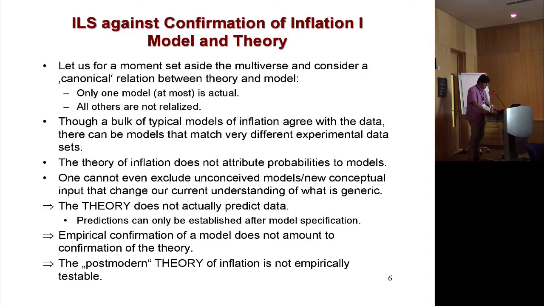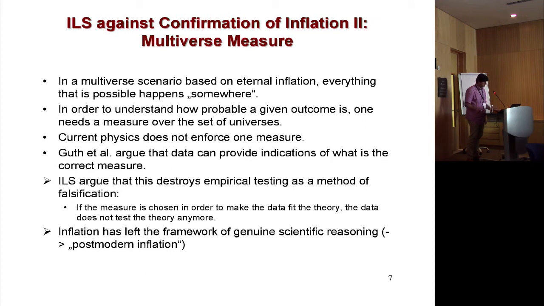Predictions can only be established at the level of model specification, but it does not reach up to the level of theory in the end. Empirical confirmation of a model therefore doesn't amount to confirmation of a theory. In this sense, inflation as a theory is not empirically testable. So that would be their first point.